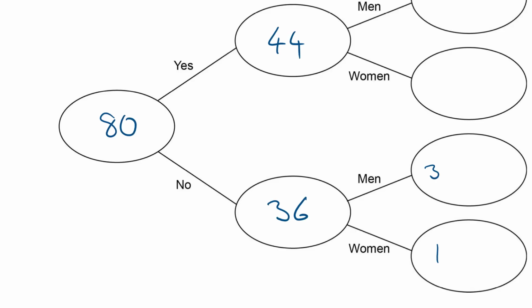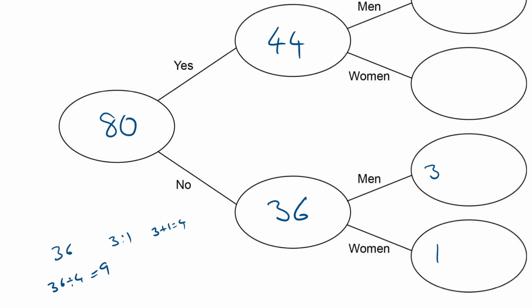In other words, I want to take the number 36 and I want to divide it into the ratio of 3 to 1. Now, 3 plus 1 is 4. So if I take 36 and I divide it by 4, I'm going to get 9. That tells me how many shares each person is going to get.